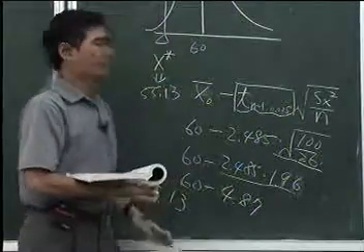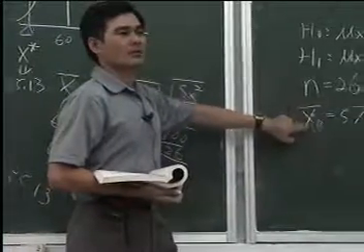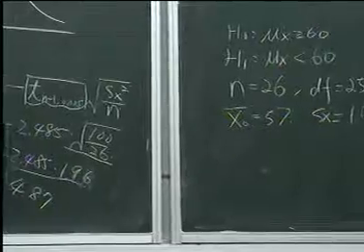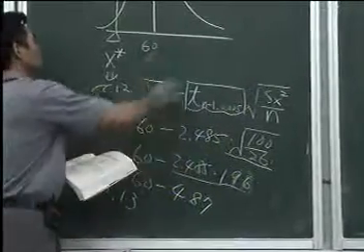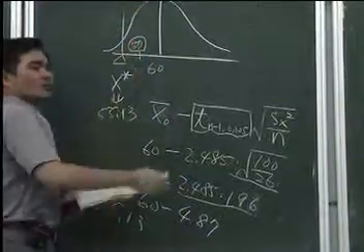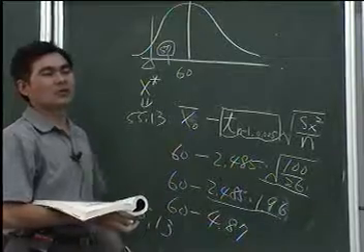Because the value you get is 57, this is the value you get, but this is the critical value there. So 57 is somewhere around here, right? So what would you do? You're going to accept H naught or reject H naught.